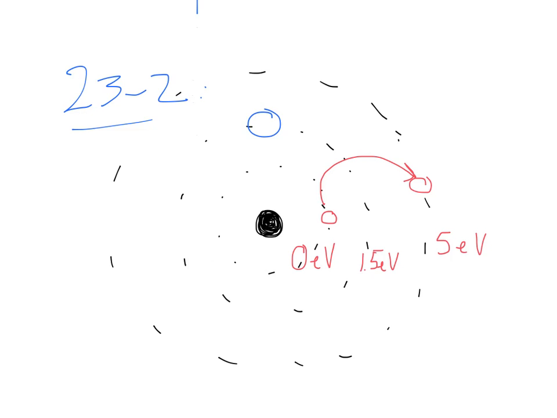How much energy does it need to go up to the next level? 3.5, because this level is 1.5 and this level is 5. So to go to the next energy level up, it would need to gain 3.5 electron volts. Does the concept make sense that it needs to be discrete? You cannot have a fraction of a change in energy. It's got to be a discrete amount based on the actual energy levels.